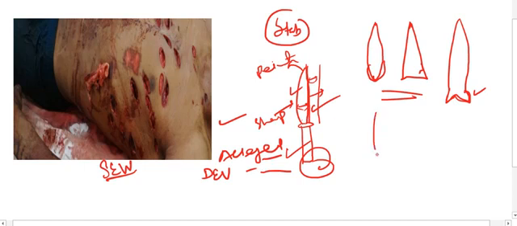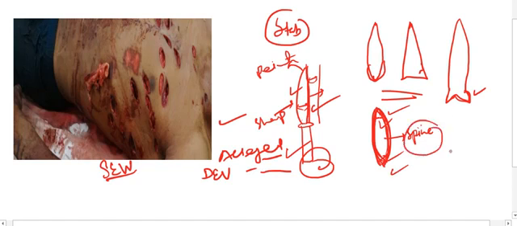But if the weapon is double edged, having double sharp edges, then the wound will be elliptical or spindle shaped with both margins acute. Both the ends or margins of the stab wound are acute if the weapon is double edged.